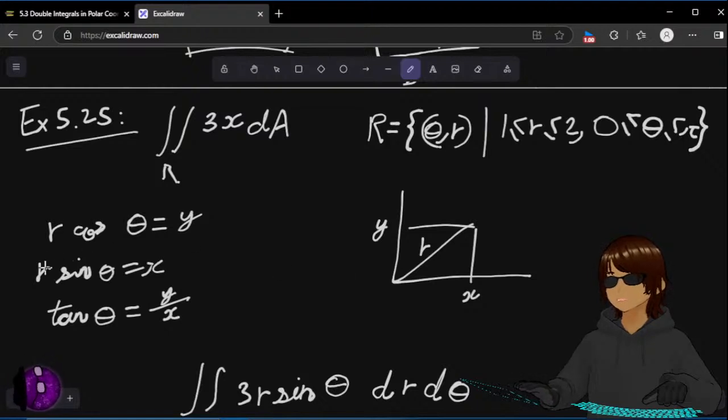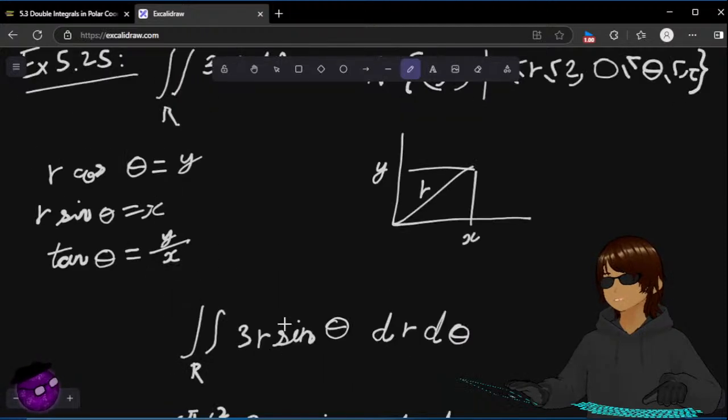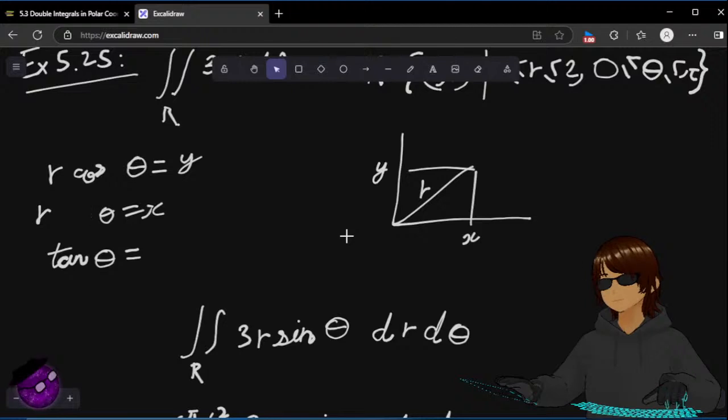So we have r sine theta. Wait, I'm still right. R sine theta. Hold on, no. Why am I getting confused? The height is given by the cos.